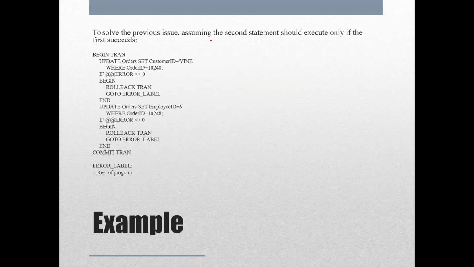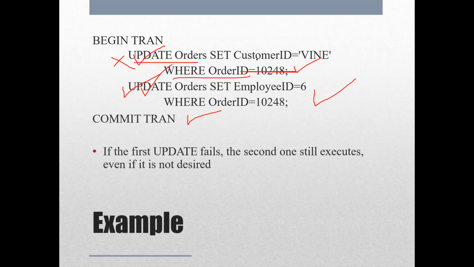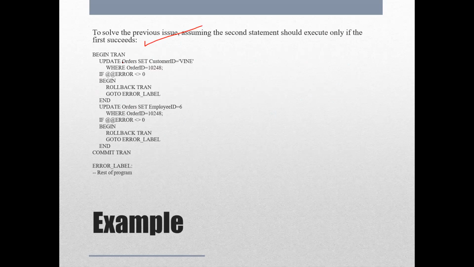Now, to solve this previous issue, assume the second statement should execute only if the first succeeds. The second statement should only work if the first statement works. Here we have one example. UPDATE Orders SET customer ID equal to y where order ID is equal to 10248.